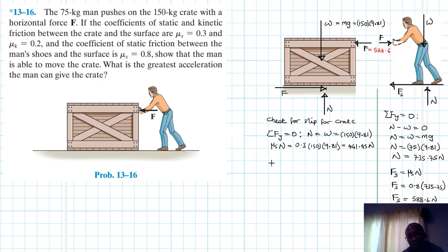Okay, so therefore we know that our F, which is equal to 588.6 newtons, is greater than mu s N, which is equal to 441.45. Therefore slip will take place.